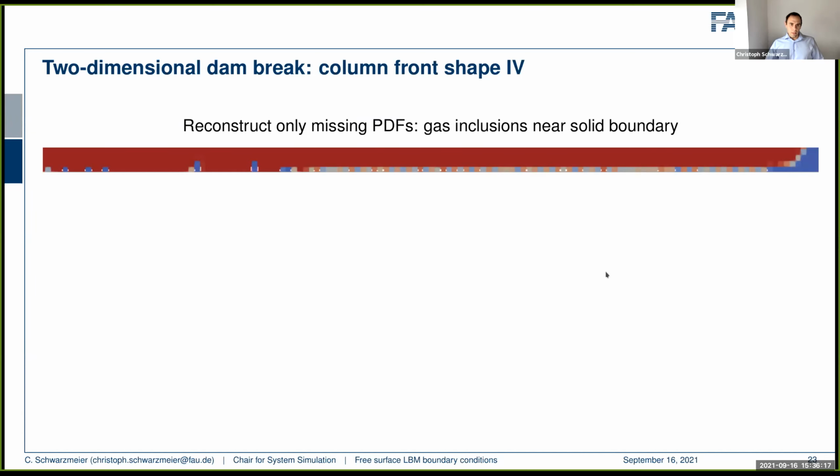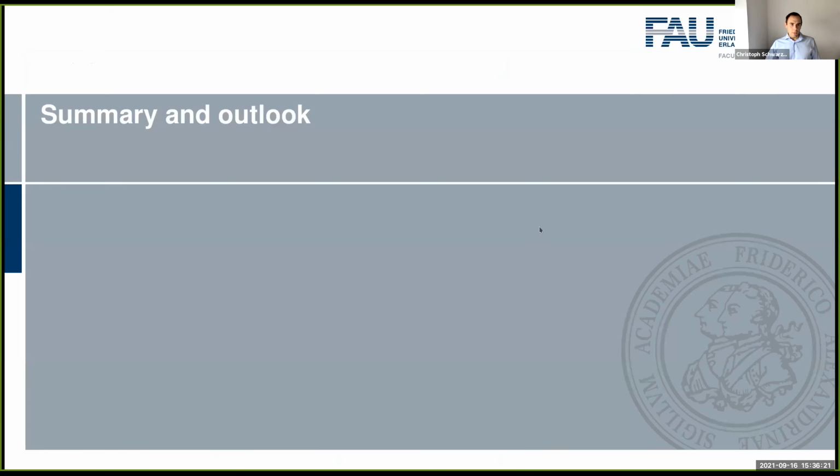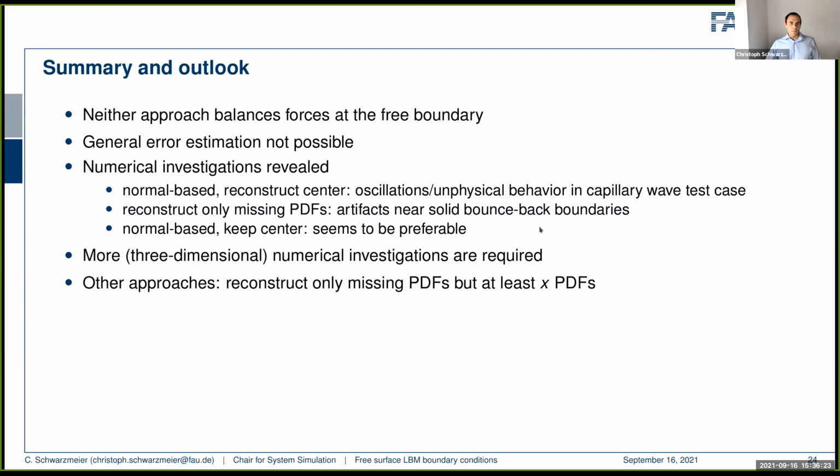So to summarize all my numerical investigations, I'm directly jumping to the final summary of my talk. First of all, we have seen that neither of these approaches balances the forces at the free boundary. A general error estimation was not possible because we have this dependency on various things, such as the specific PDFs in a simulation, such as the macroscopic velocity at a certain point and so on.